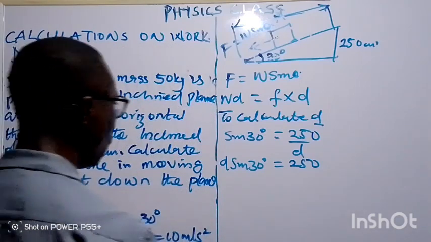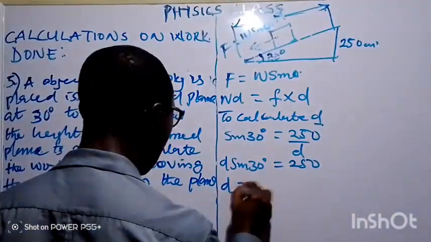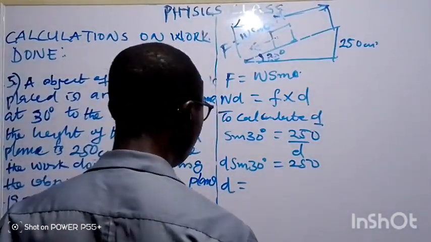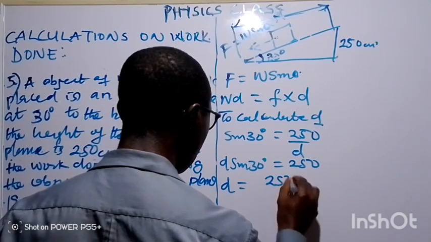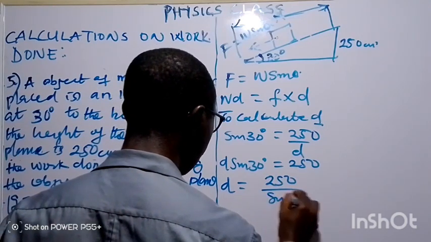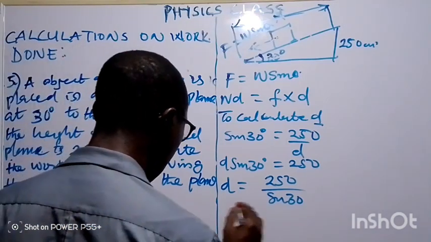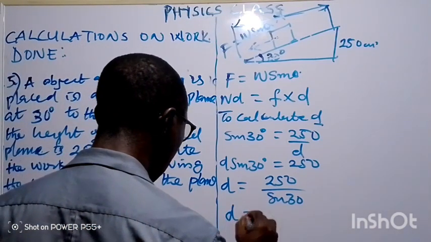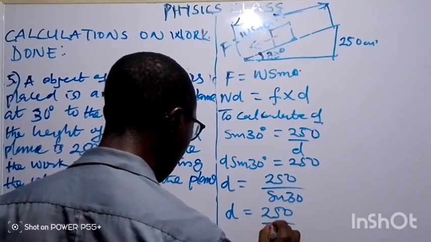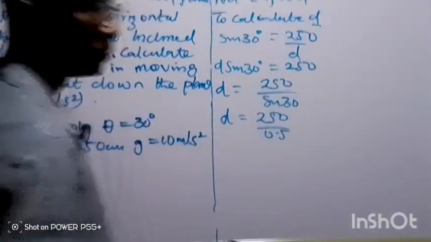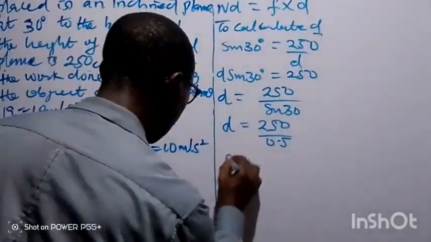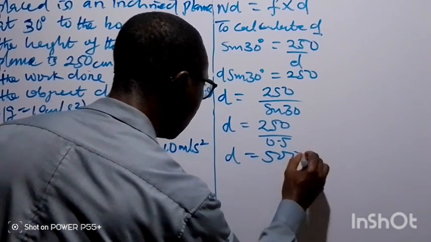So D will be equal to 250 over sine 30, and don't forget sine 30 is 0.5. So D will be 250 divided by 0.5, which is 500 centimeter.